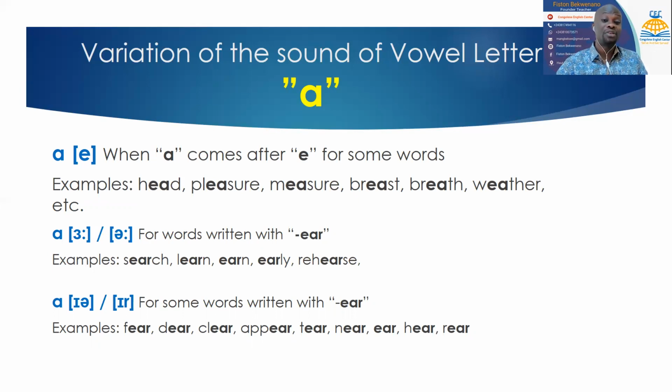We have pleasure, we have measure, we have breast, we have breath, we have weather, etc. And we can again have the vowel A being pronounced in words written with an EAR, for some, not all, of course.